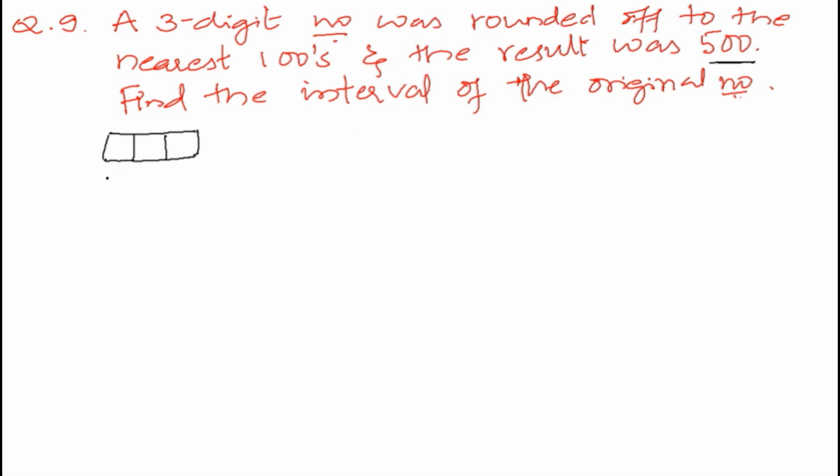So when it is rounded off to nearest 100, I can't fix any digit to any of these 3 places. So it could take the number like 450 onwards, because on rounding off this 450 I get 500.